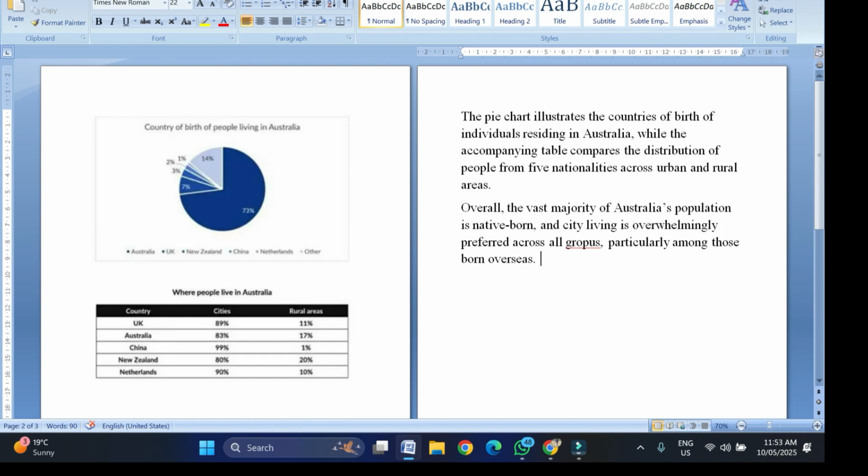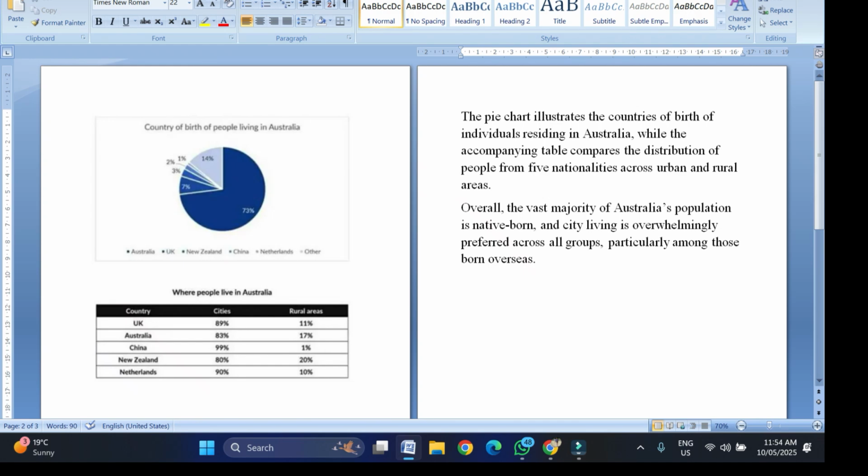Yes, overwhelming is a word you can use. Proofreading is important. Do not make any spelling mistakes. So you can see the vast majority of Australians or population is native born and city living is overwhelmingly preferred across all groups, particularly among those born overseas. Right? So only 83% of the population is living in cities. But if we take a look, Netherlands, UK, China, 99%.